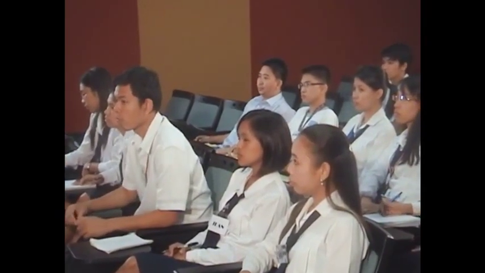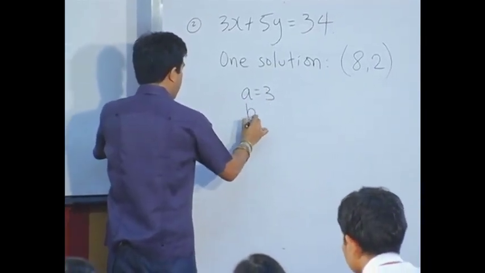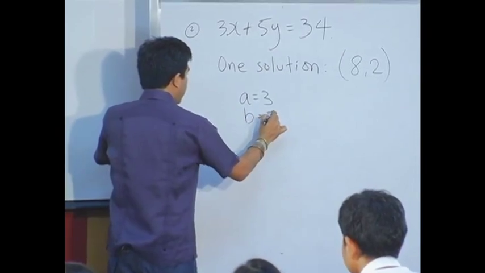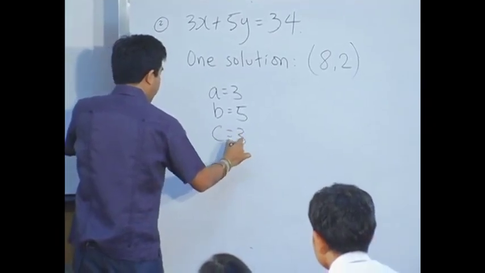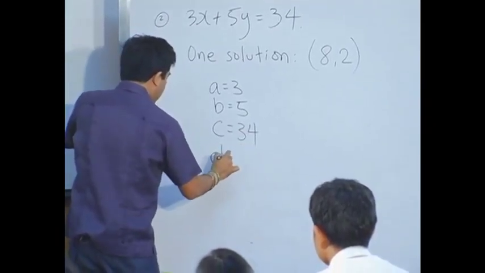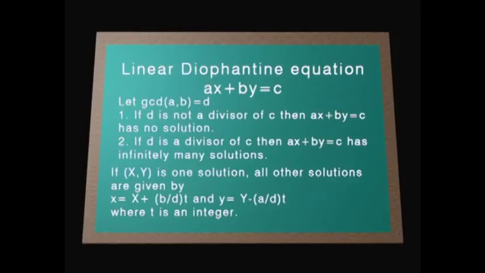Okay? Now, in this equation, our a is 3, our b is 5, and our c is 34. What is the d? This is the GCD of a and b. This is 1.